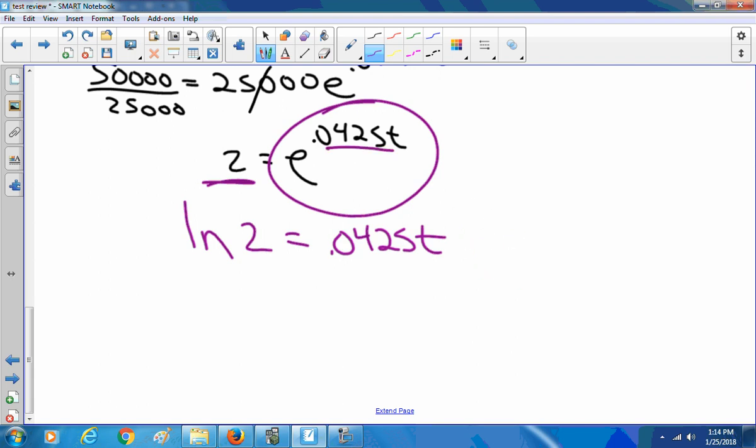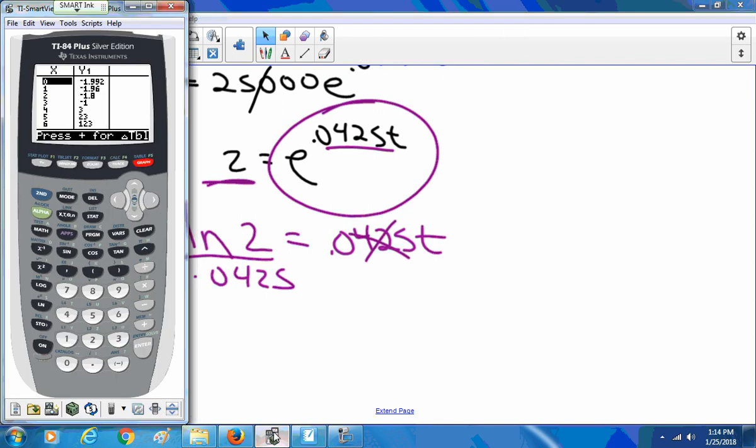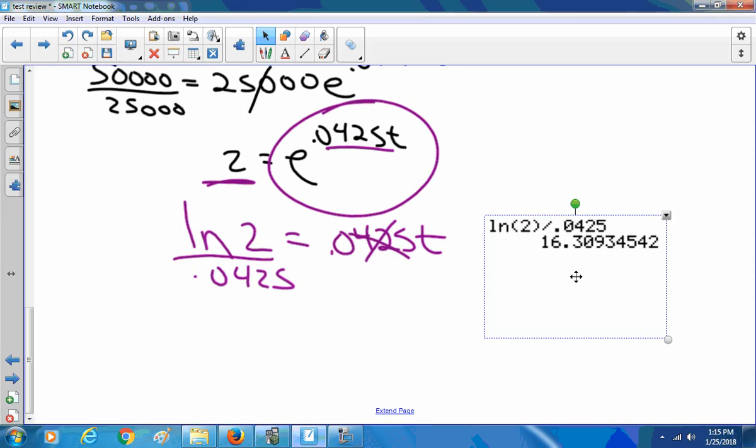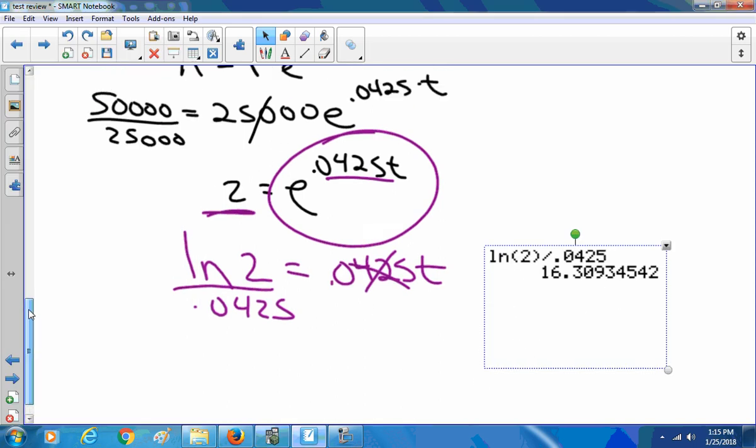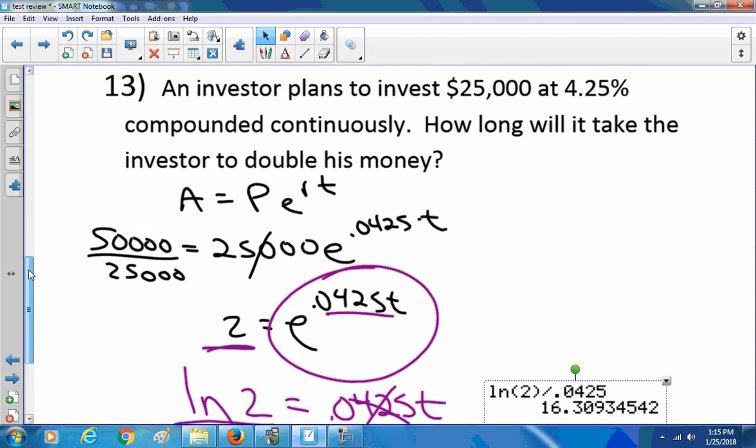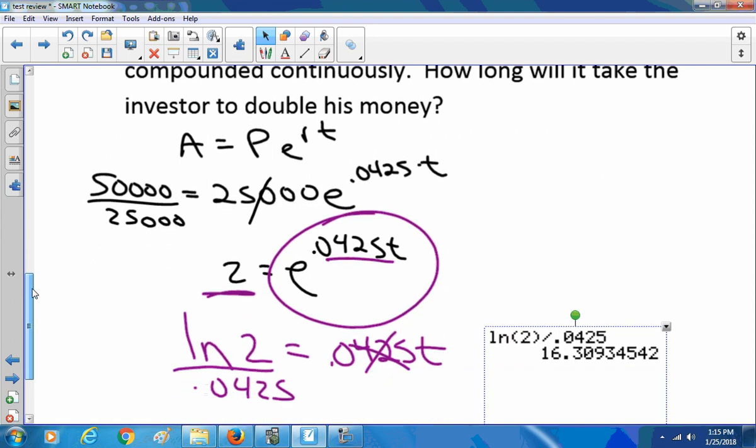So essentially it just becomes our exponent because of our use of logs. Last thing I can do is divide by the 0.0425. Type in my calculator: natural log of 2 divided by 0.0425. Enter. There you go. Approximately 16.31. And remember I said if I don't say, we'll assume we're in years.